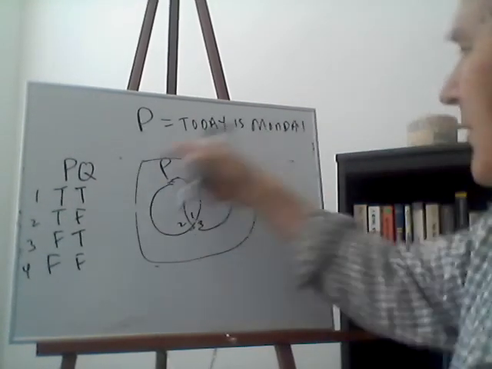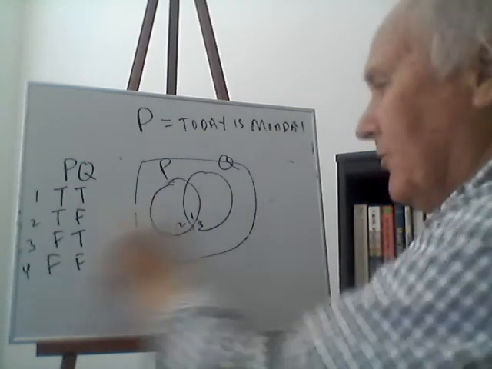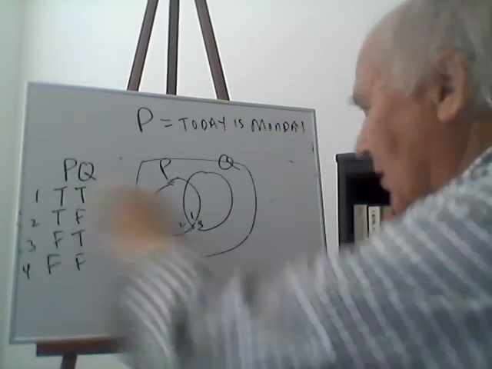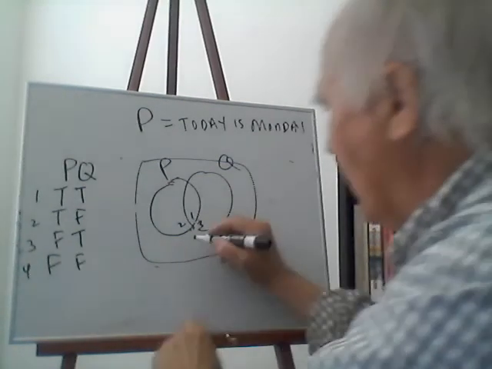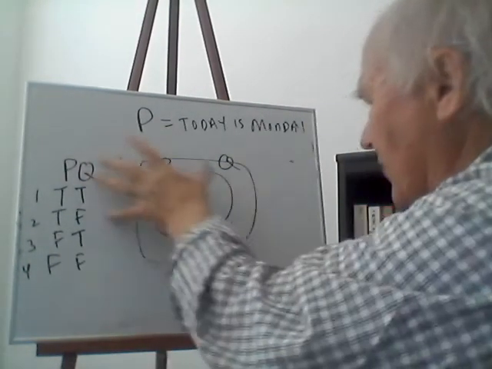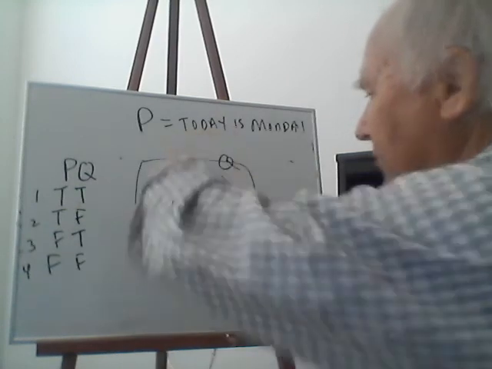Section 3 means we're outside P, so P is false, and we're inside Q, Q is true. And section 4 is out here, outside the two circles, they're both false. We're outside P and we're outside Q.